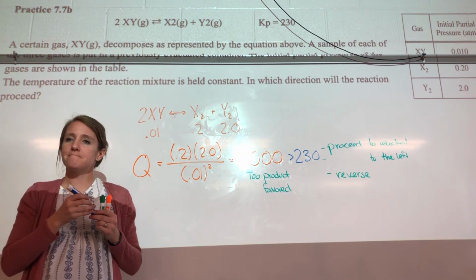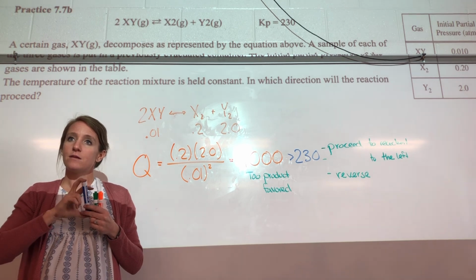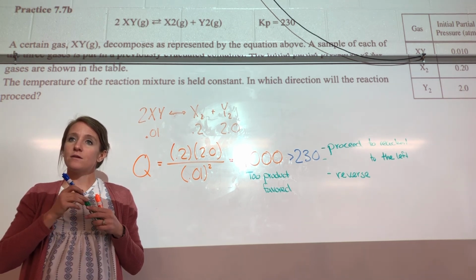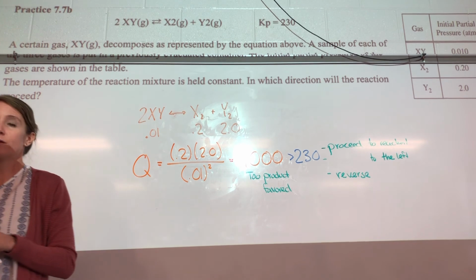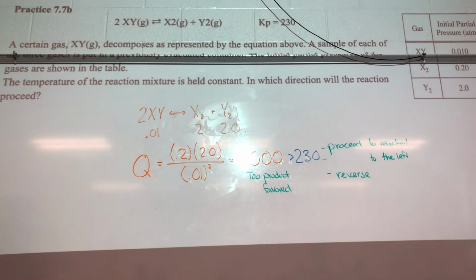Can we just go straight from the initial pressure and the KP? Could you solve this from just 230, or will there be some situations where it won't work like that?